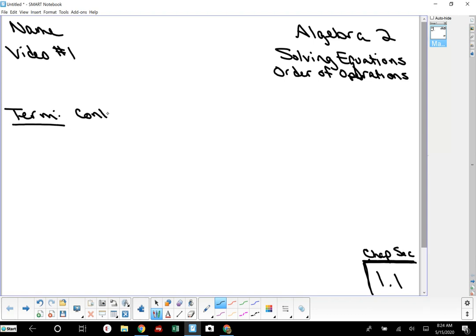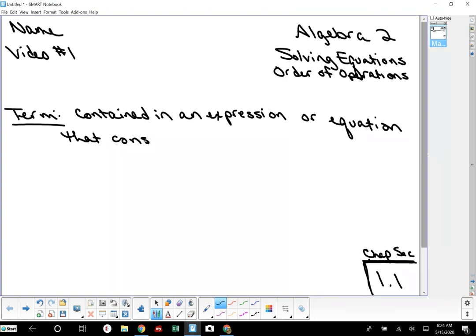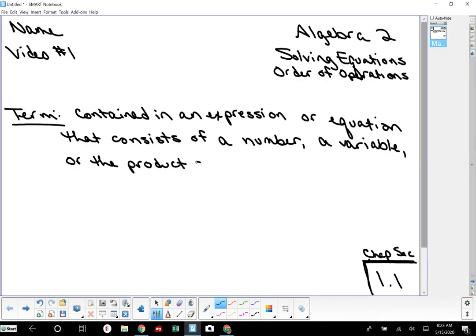A term is contained in an expression or an equation that consists of a number, a variable, or the product of the two, and it's also called a monomial.